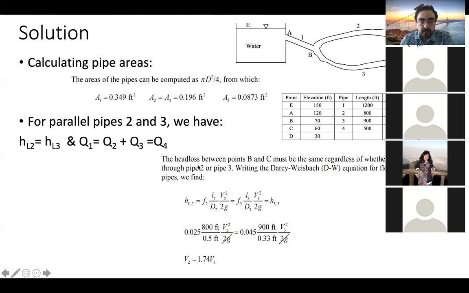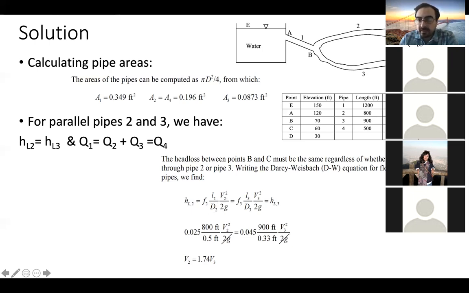So now we want to find the head losses between different points. The first one that I want to find is the head loss between point B and C, which equals HL2 equals HL3 based on the theory that we said. We just use the formula that we had for calculating major losses: F times L over D times V square over 2G.